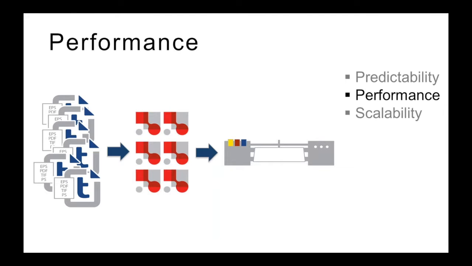We do not limit a RIP process to a printer. Any of our RIP processes are available for any of the installed printers at any given time, allowing for amazing performance, especially in large-scale environments.